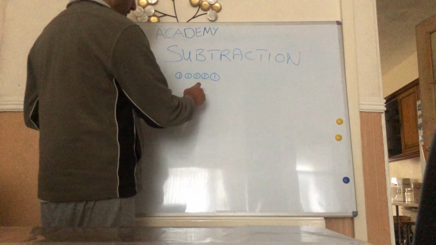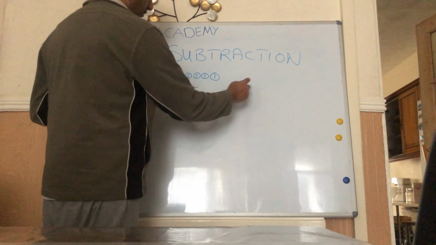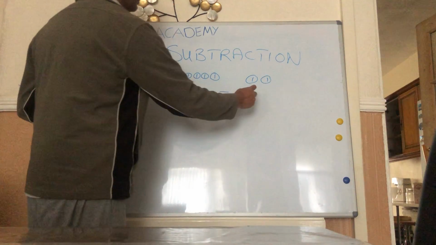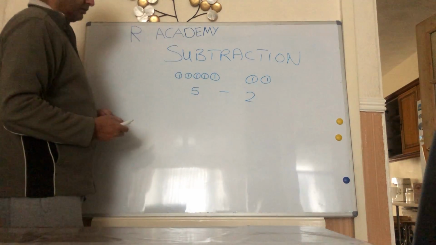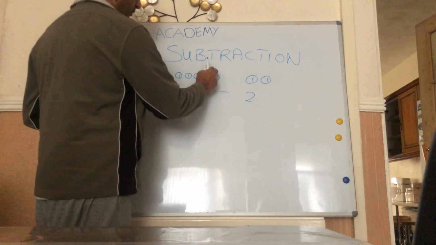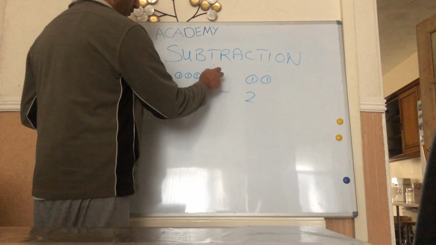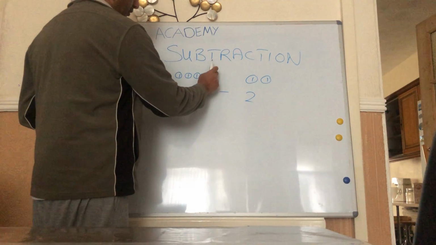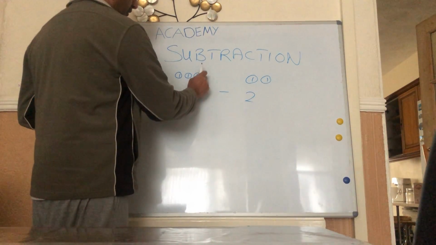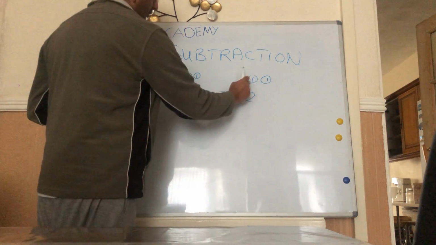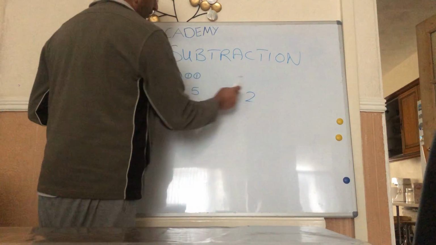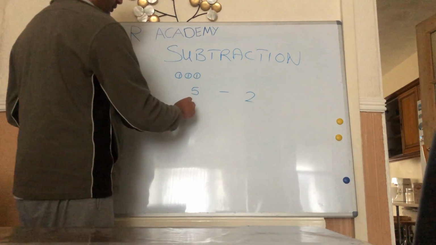So that would be 5 minus 2. So take 2 from here. So this 2 is taken away from those, and you're left with 3.